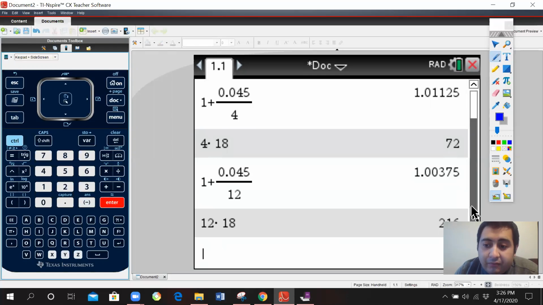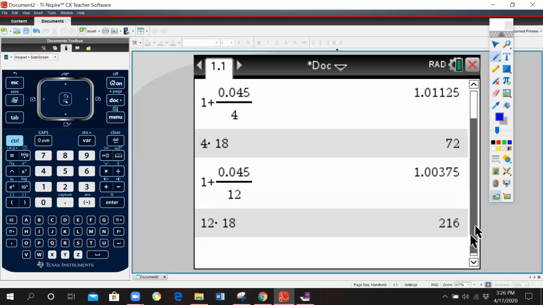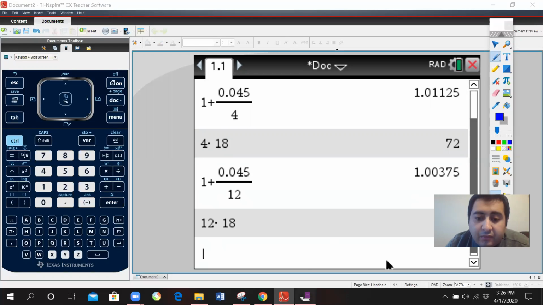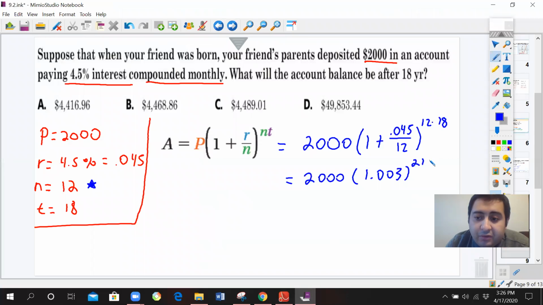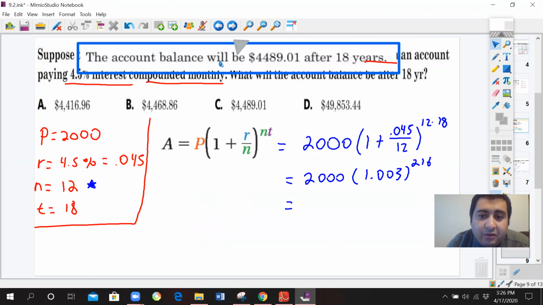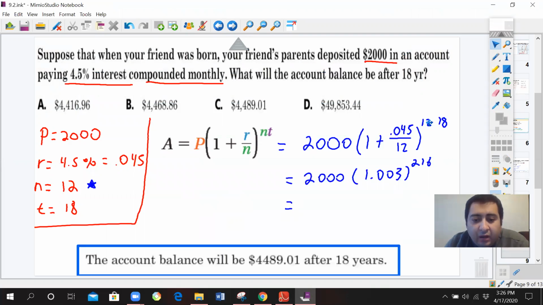We get 216, to the power 216. Once we calculate this, we get our final result as 4,489 and 1 cent after 18 years. So in this case, our answer is going to be letter C.